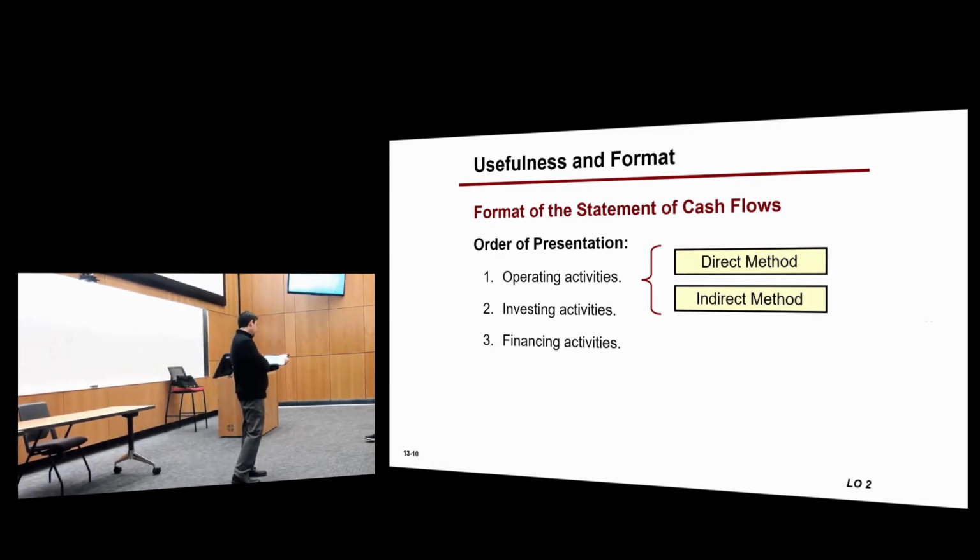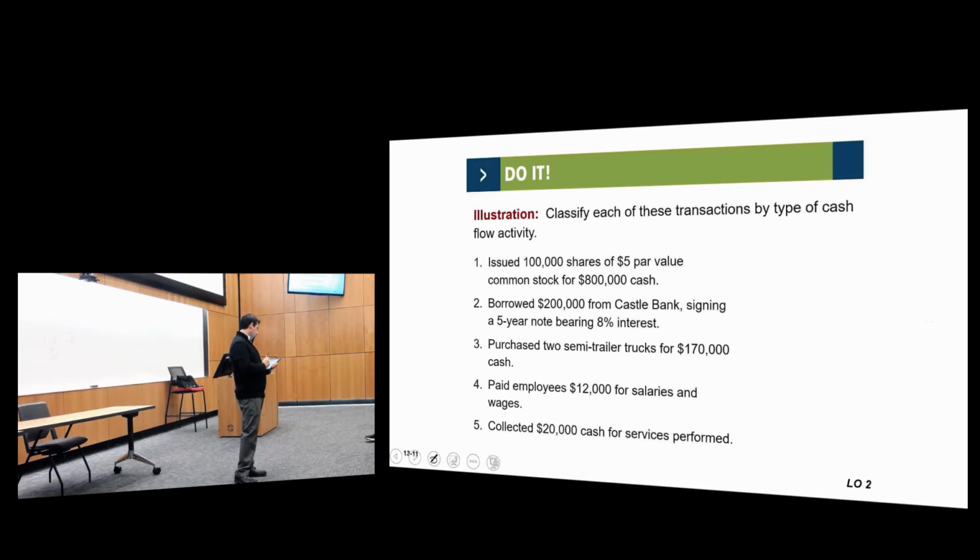Okay? So here we need to classify each of these transactions by type of activity. The company issued 100,000 shares of $5 par value common stock for $800,000 in cash. Think about it. The company is issuing stock.